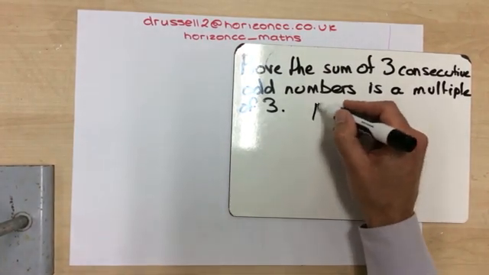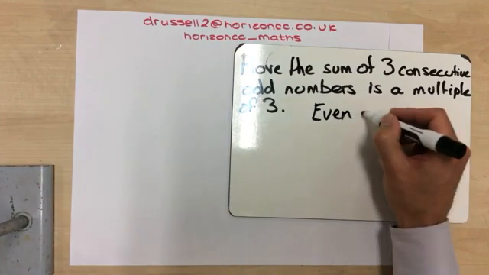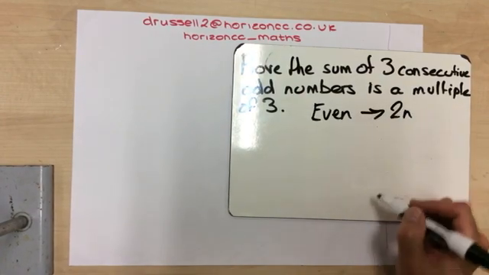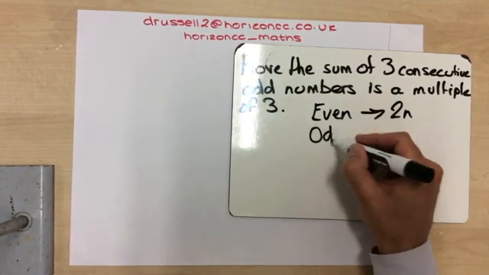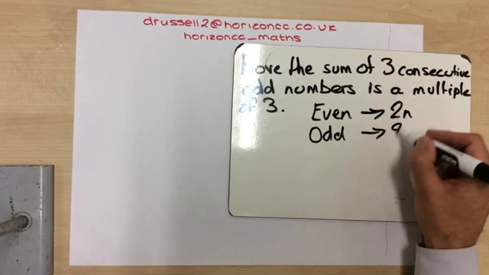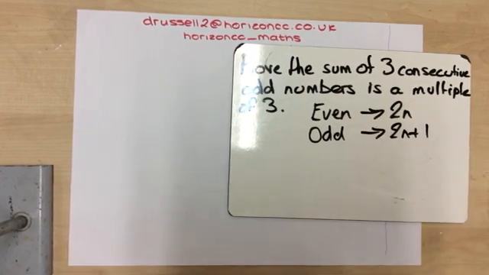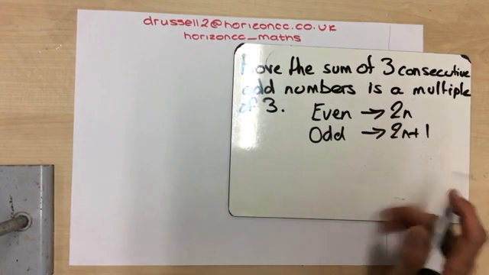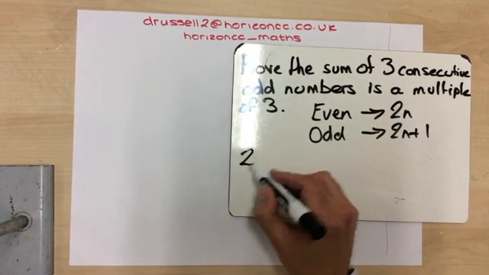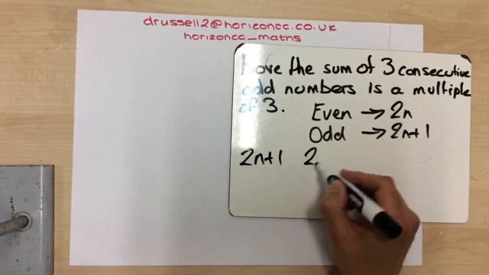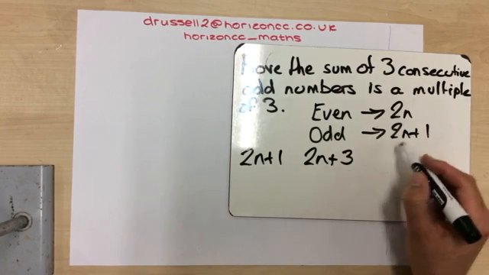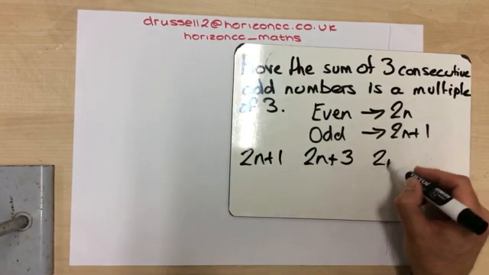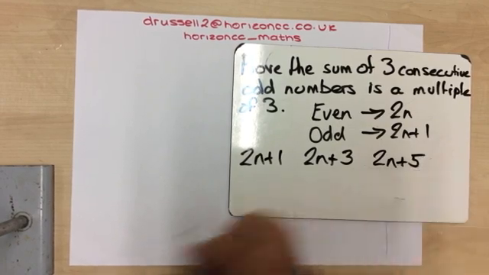So if even is 2n, then to get an odd number, I add 1 onto that. So my first odd number is 2n plus 1. If I want 3 consecutive odd numbers, my next odd number will be 2n plus 3, and the third consecutive odd number will be 2n plus 5.